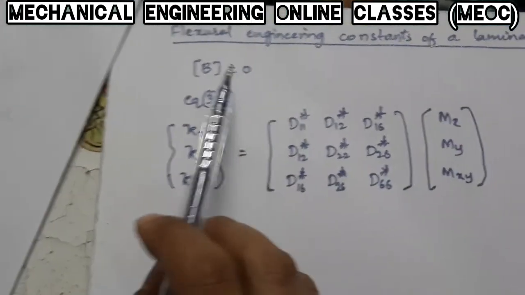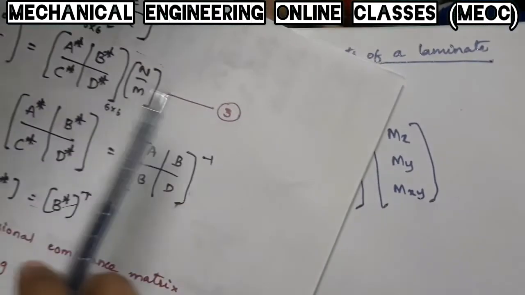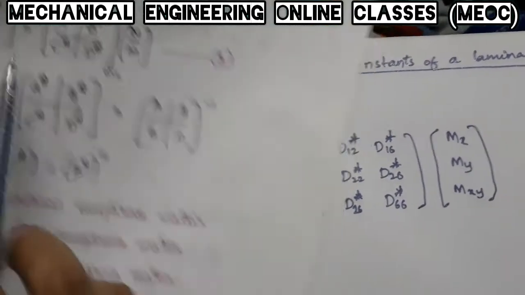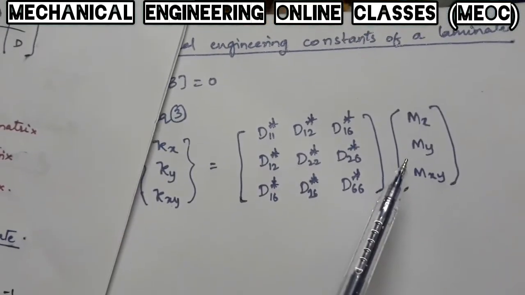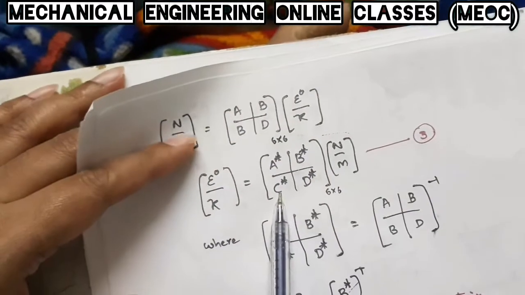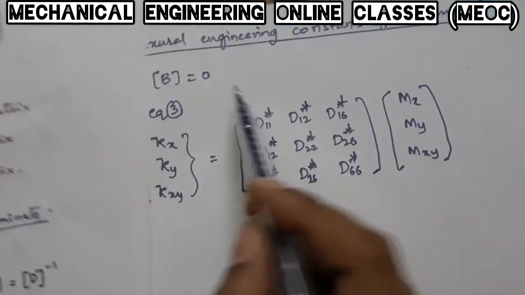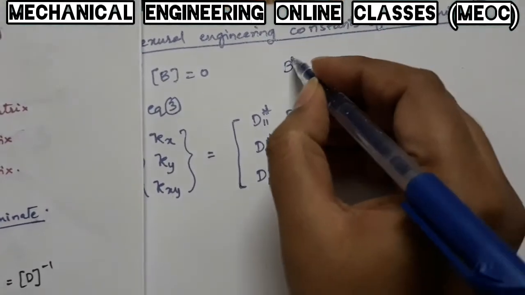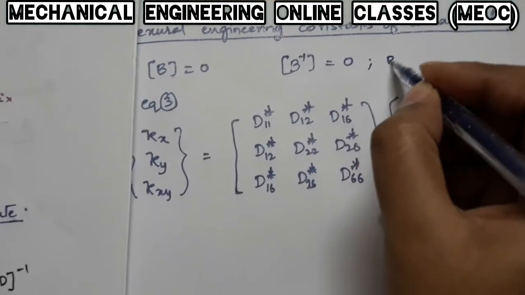So substituting matrix B equal to 0 in equation 3, we get kx, ky, kxy is equal to D star matrix into M matrix, because C star is nothing but B star transpose, and because B is equal to 0, B inverse will be equal to 0, B star will be equal to 0.